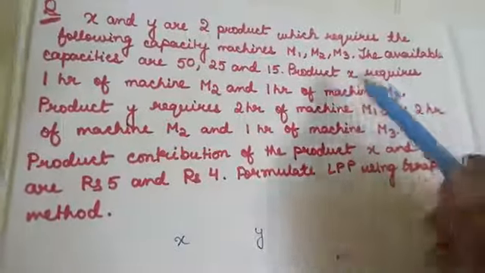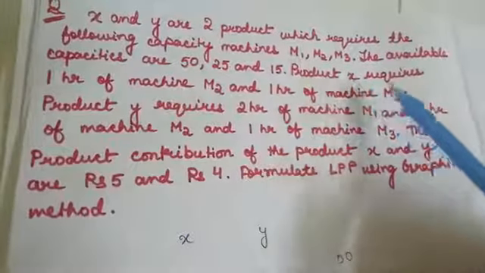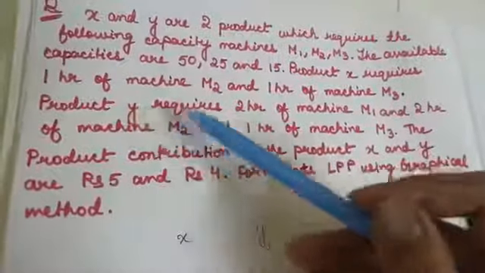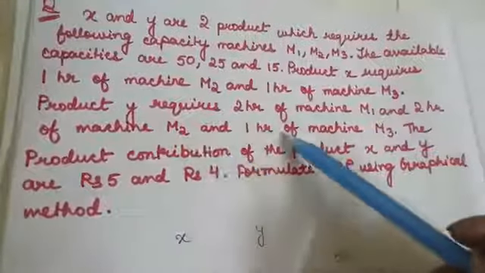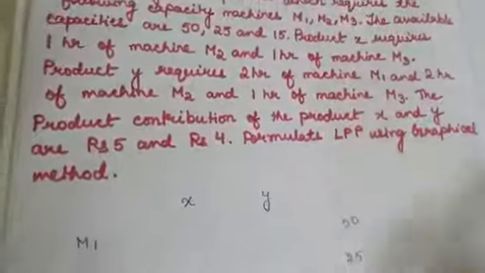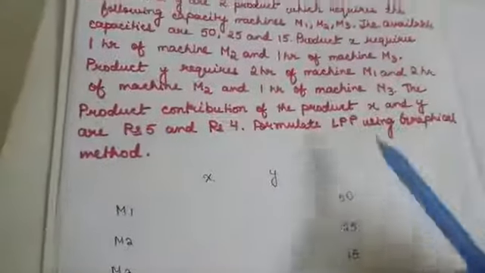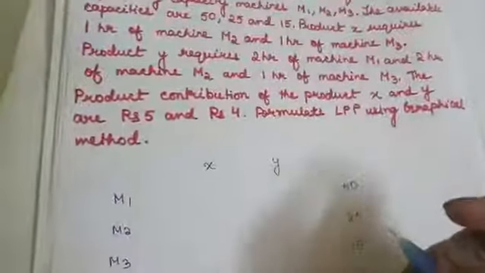Product X requires 1 hour of machine M2, 1 hour of machine M3. And product Y requires 2 hours of machine M1, 2 hours of machine M2 and 1 hour of machine M3. So I'm going to write it. First one says product X requires 1 hour of machine M2 and 1 hour of machine M3.